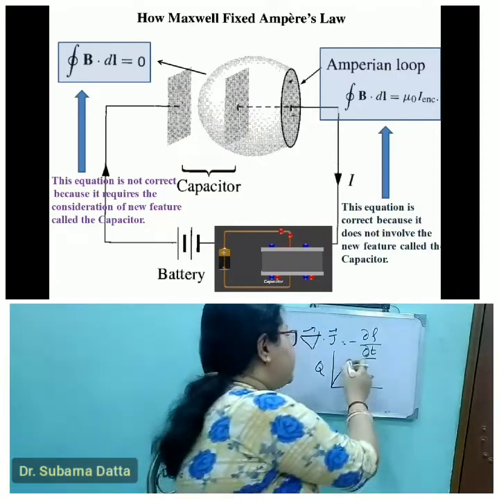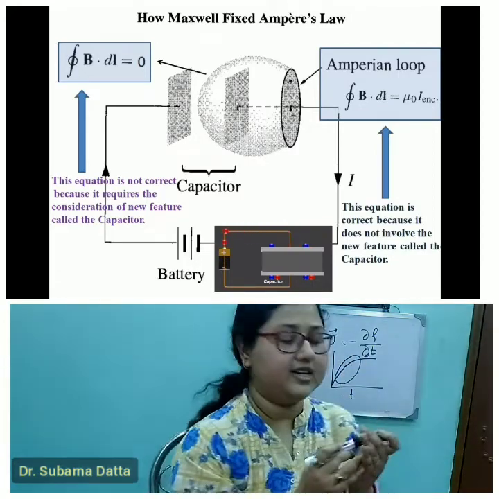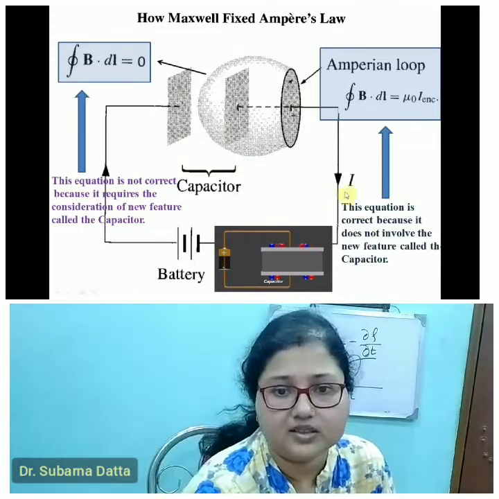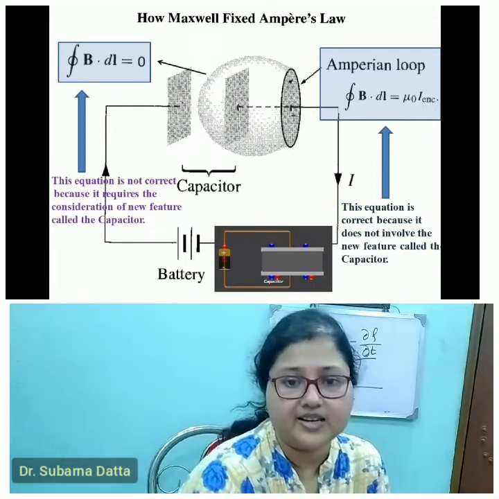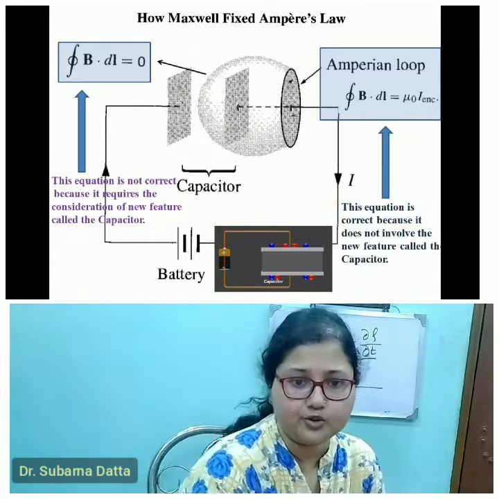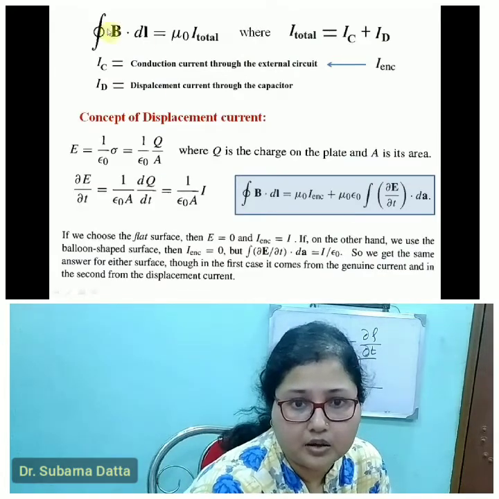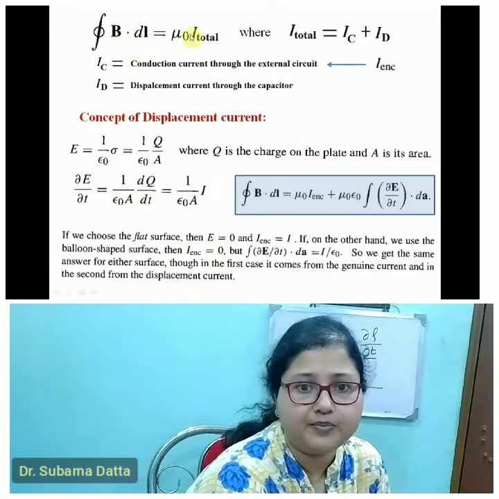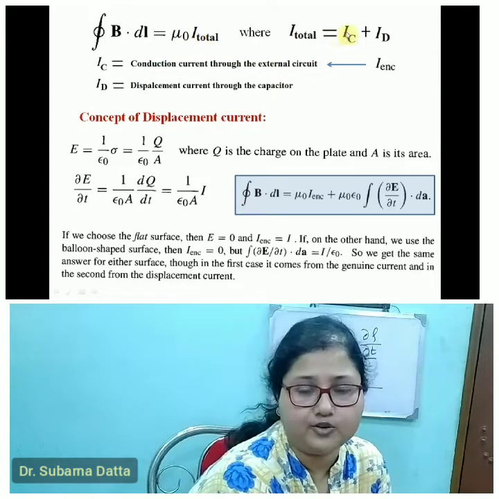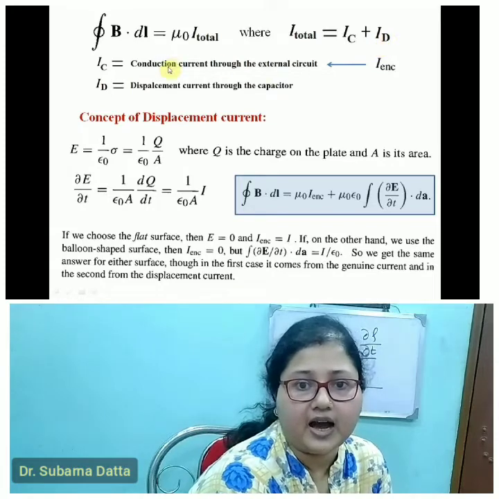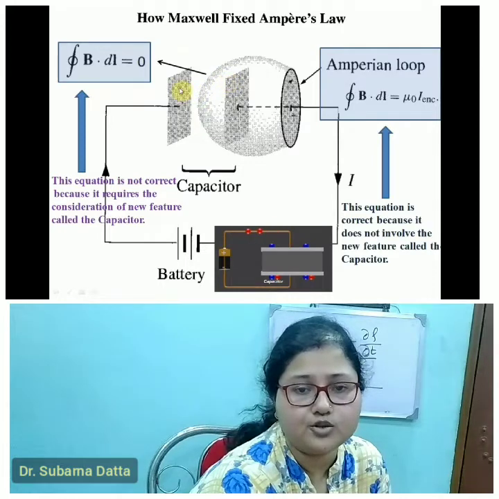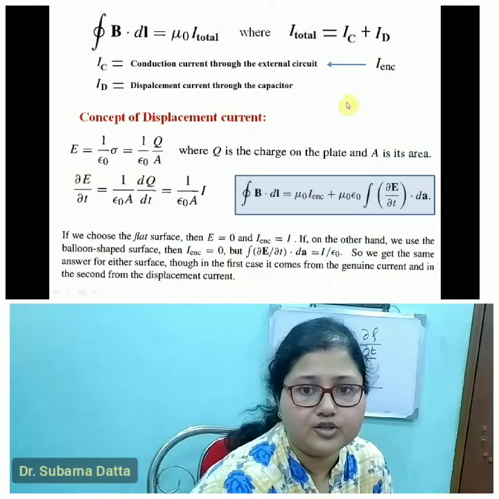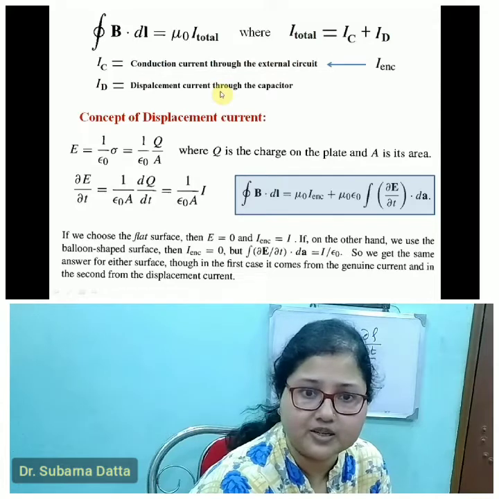So in this transient region, the charge is changing with respect to time. That means the electric field is changing with respect to time. So we can write that cyclic integral B dot dl is equal to mu 0 I total. I total is IC, the conduction current, plus ID, the displacement current. Between these two capacitor plates we have introduced a new current component, the displacement current.